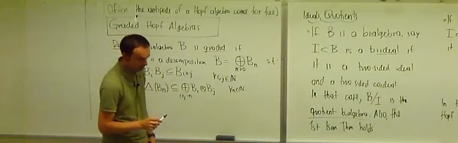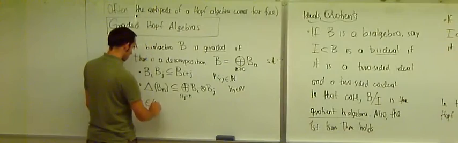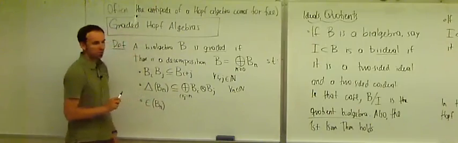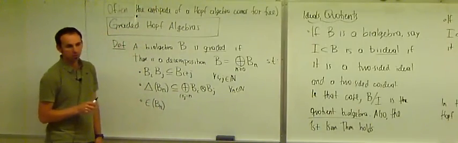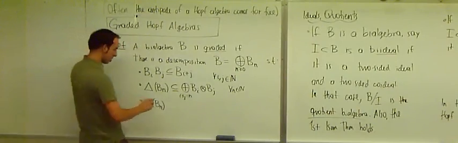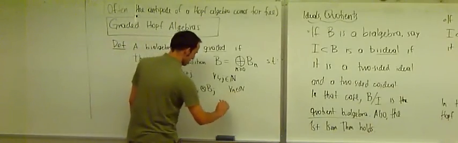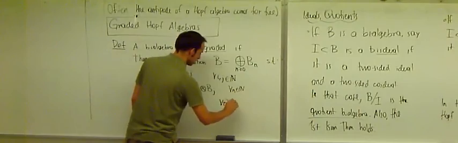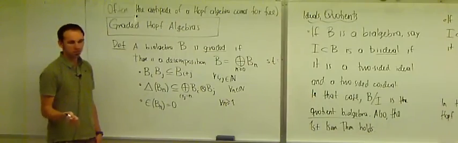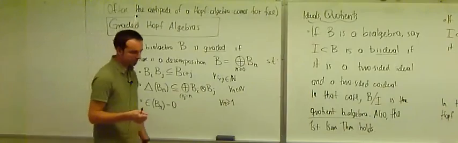And we are also going to demand that the counit kills everything of positive degree. So the things of degree 0 don't have to be killed, but everything of higher degree has to be killed.